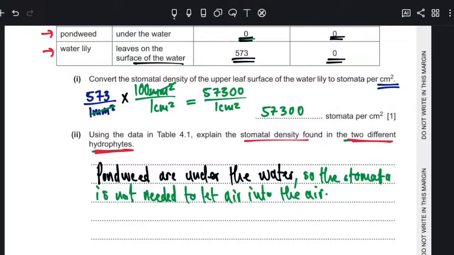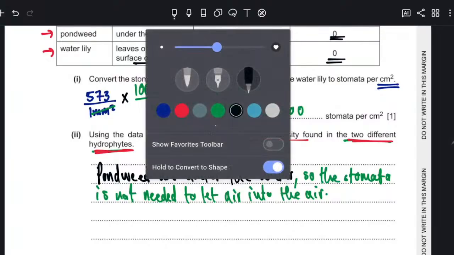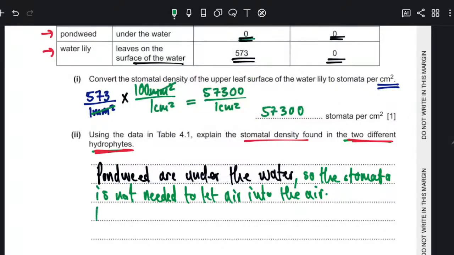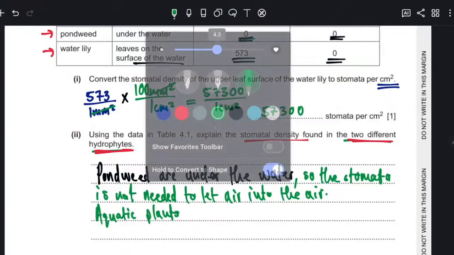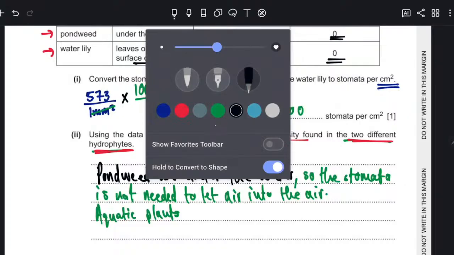All right. Let's keep going. So that's important. You can just write that to say stomata is not needed. So you can say here, aquatic plants like pondweed, which is found inside water, which is dipped in water. You have these two, they dissolve into your water.